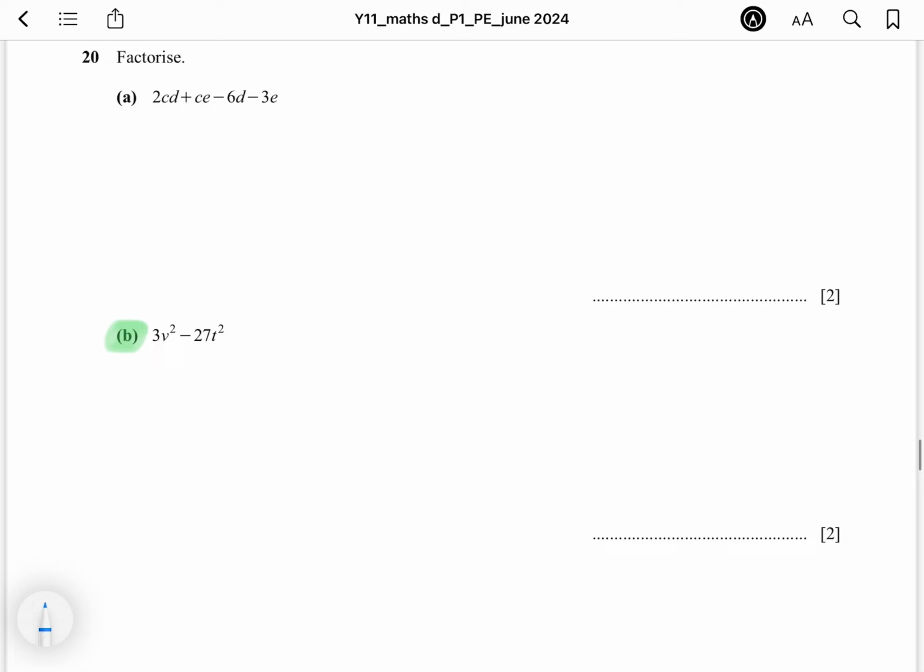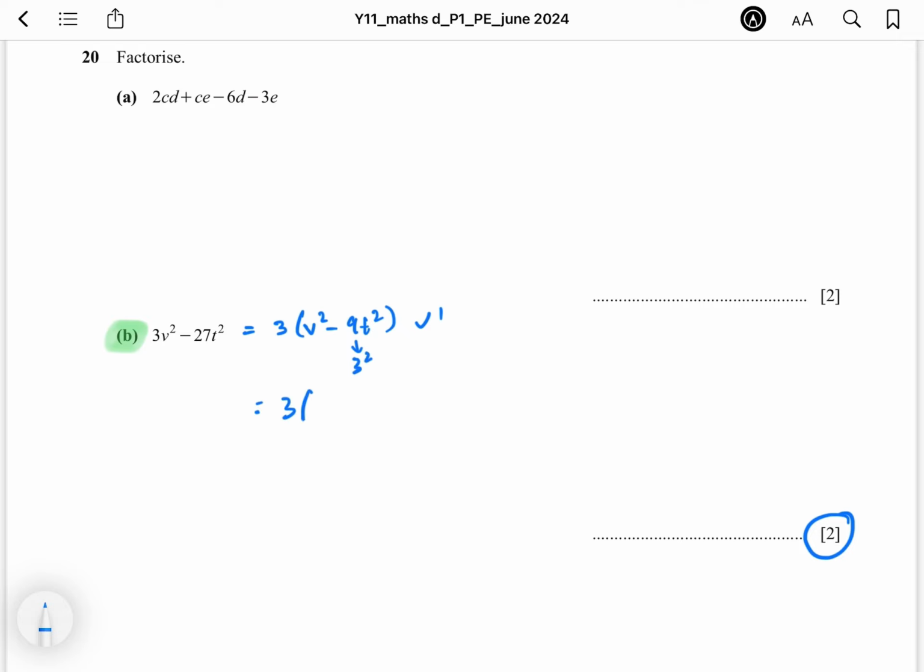Last one here. Most of you successfully factorized until here. And if you get this, that will be 1 mark. It will not be 2 marks. Why? Because it's not fully factorized. 9 is a square number.